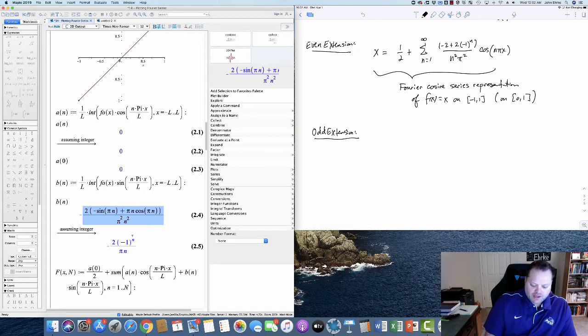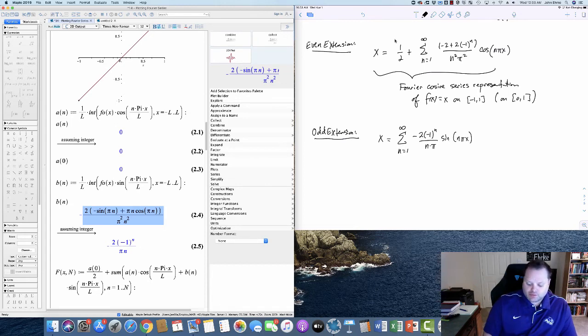representation of x, then x is equal to, there are no a coefficients, so a naught is 0, so I don't get this constant term. So this is just the sum, n goes from 1 to infinity, the b_n coefficients are there, times sine n pi x.